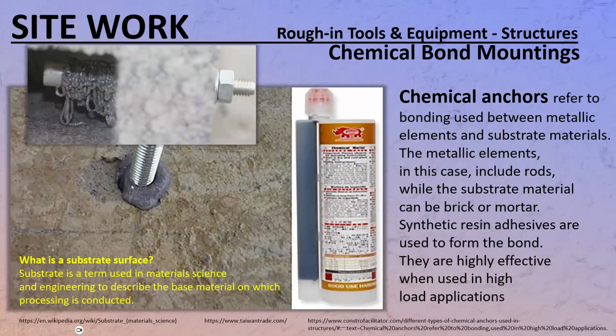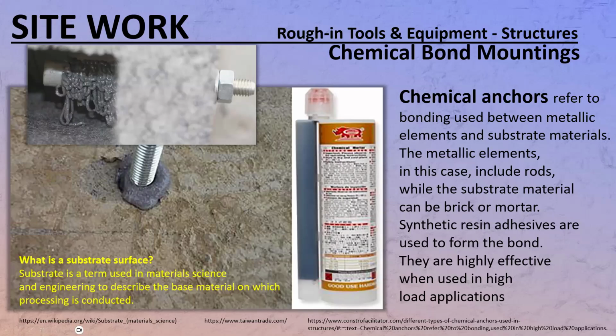But basically what it is, you just put a lot of that chemical goo in that hole, and then you put in whatever, bolt, threaded rod, and quite often it's going to take maybe 24 hours or 48 hours to dry or to set properly. Some of them are quicker, but that is probably the strongest that I have seen.